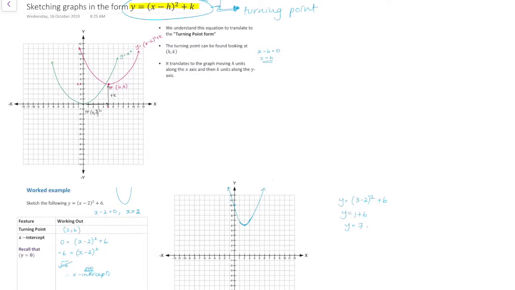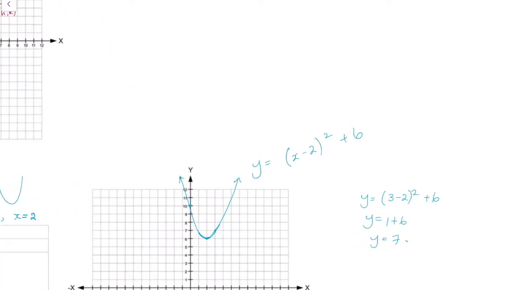So again here, this is y equals x minus 2 all squared plus 6. So we can see here that the graph has a turning point at 2, 6. It has a y-intercept at 0, 10. And again, what this has told us is that the graph has shifted 2 units across, then 6 units up along the y-axis when compared against the original y equals x squared graph.